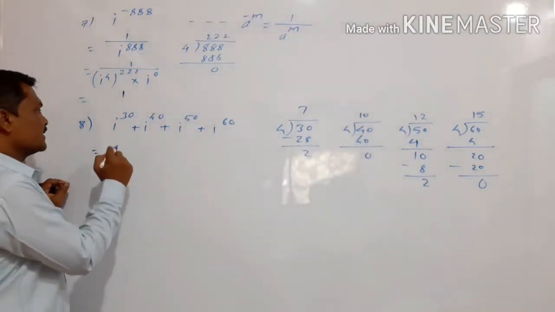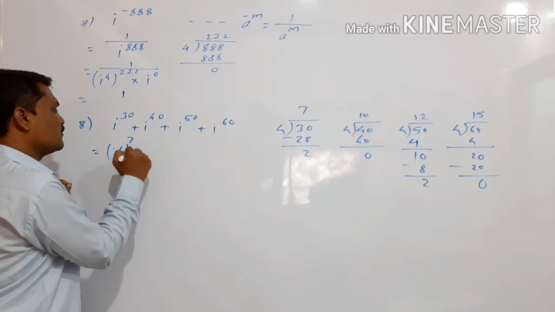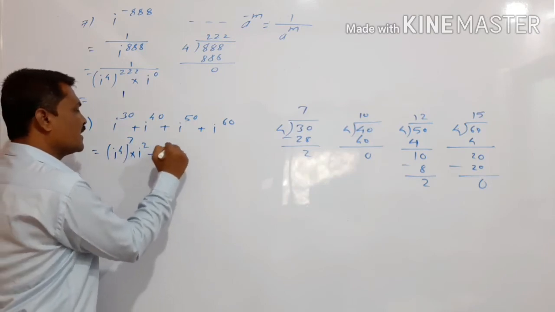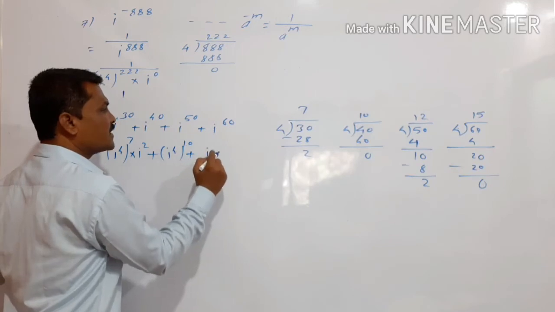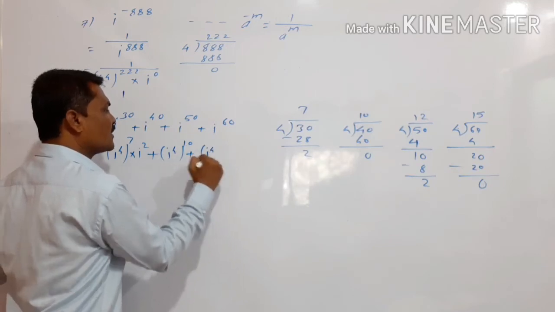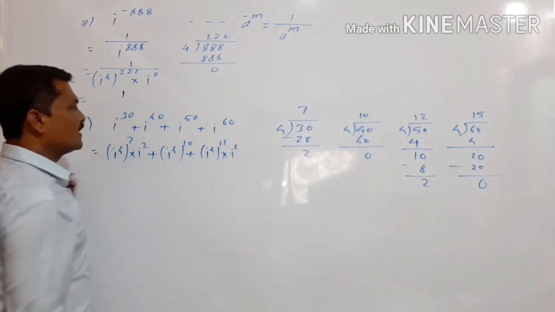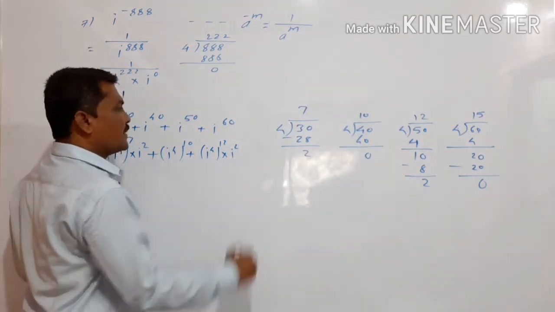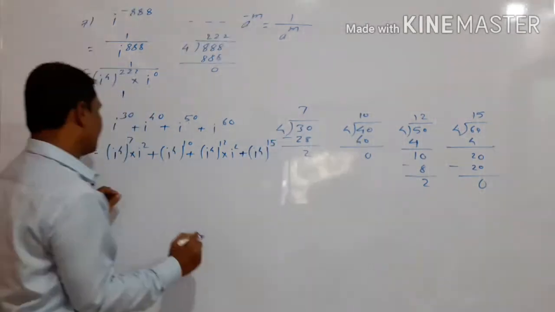I raised to 4 raised to 7 into I square plus I raised to 4 raised to 10 plus I raised to 4 raised to 12 into I square and plus I raised to 4 raised to 15.